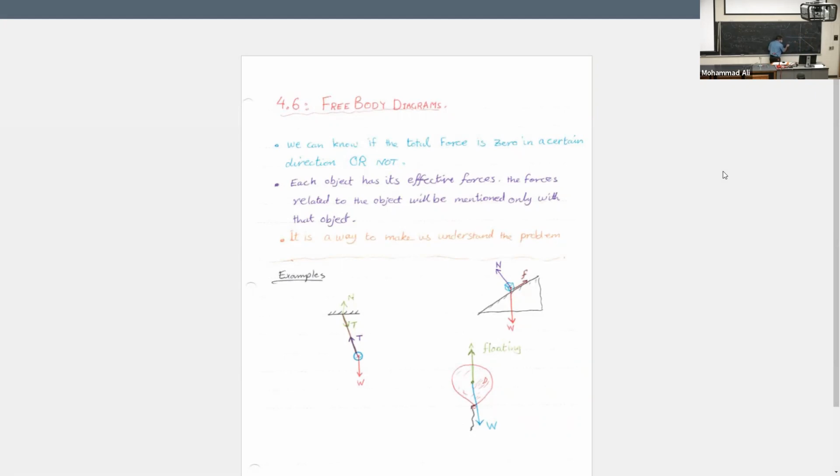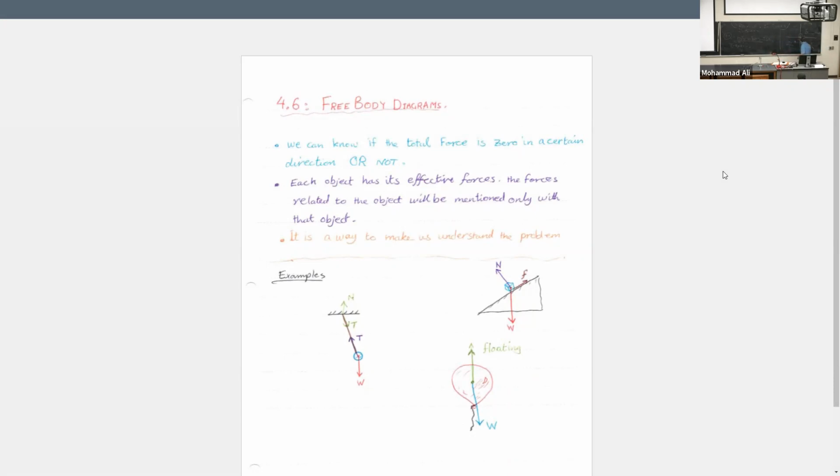Then how much is the weight? This is the mass multiplied by g, which is equal to 0.4 multiplied by 10, approximately. I will use 10. Okay, which is equal to 4 newtons.